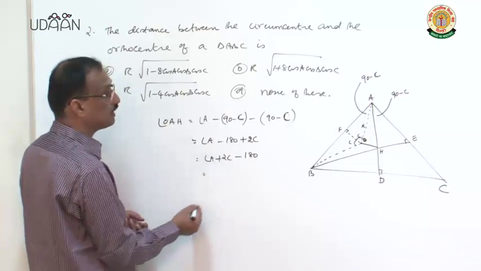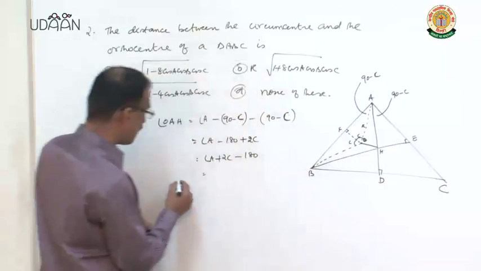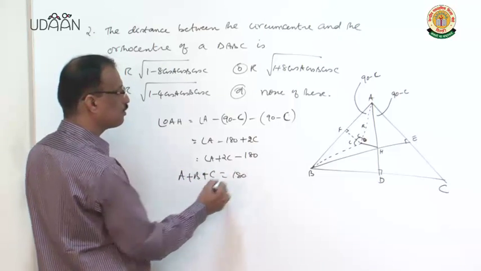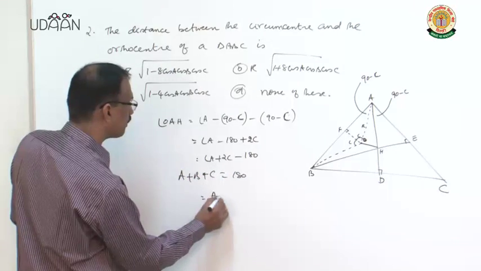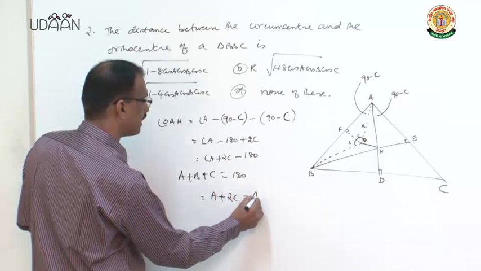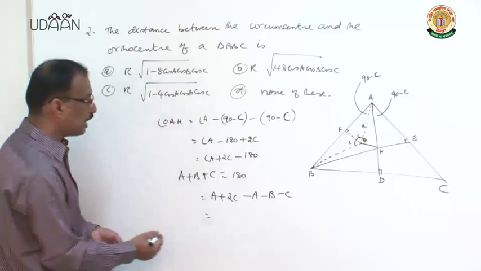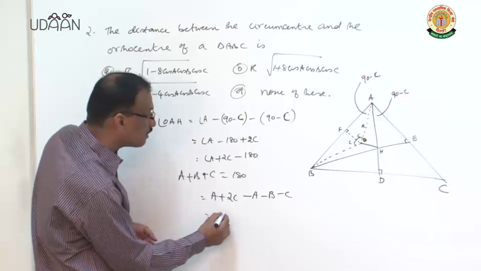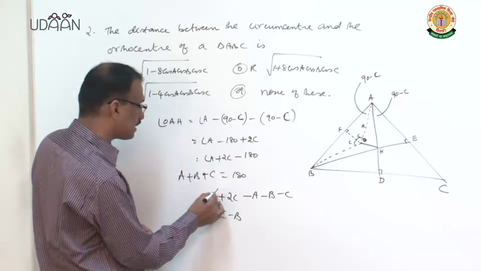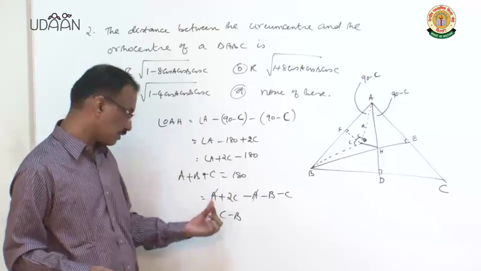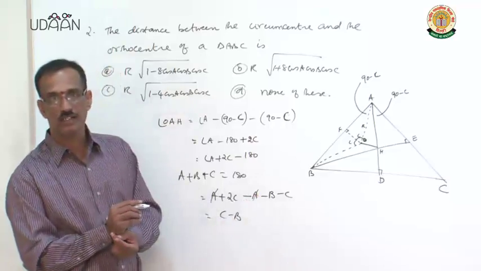But we know that in the triangle, angle A plus B plus C equals 180. So 2C minus A minus B minus C, here A gets cancelled, and 2C minus C is C. So we get C minus B.